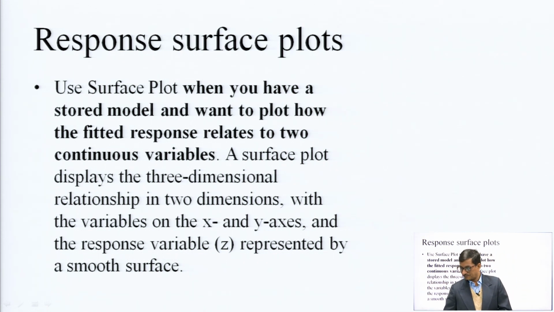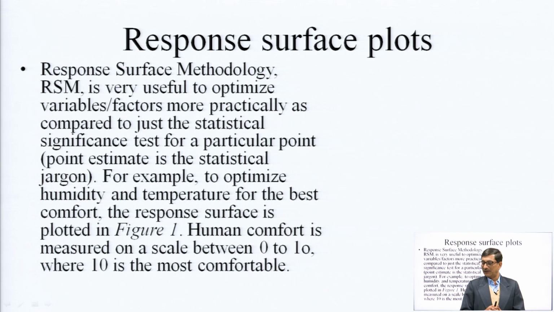So, response surface methodology is very useful to optimize variables or factors, as compared to just a statistical significance test for a particular point. For example, to optimize humidity and temperature for the best comfort.